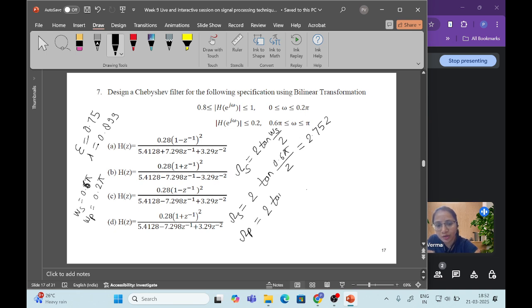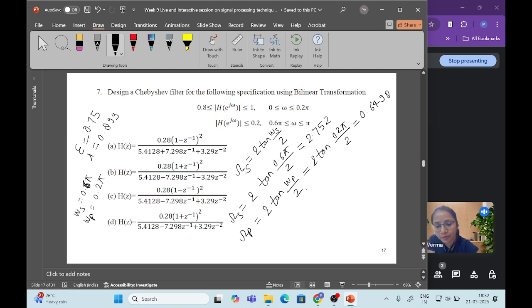Similarly, you have to calculate omega p also. So 2 tan of omega p divided by 2, that is 2 tan of 0.2 pi divided by 2. Now, if you further calculate it, you will get 0.6498. So omega s and omega p you have calculated.